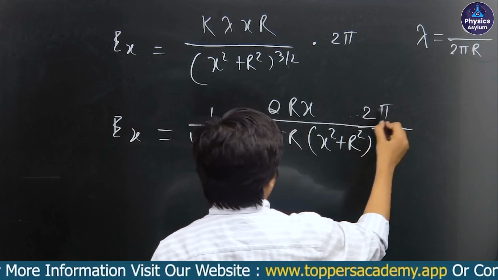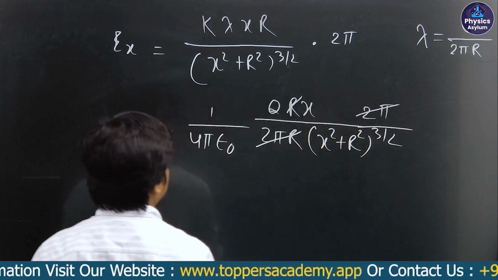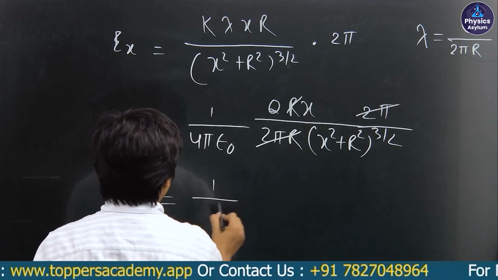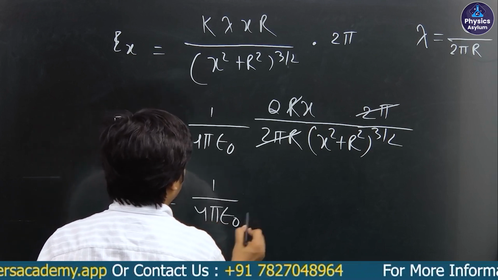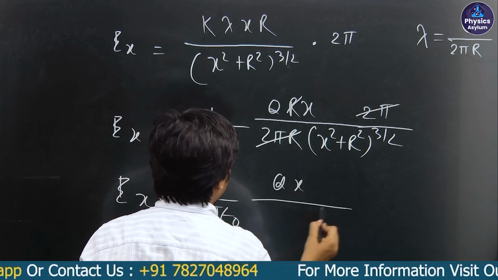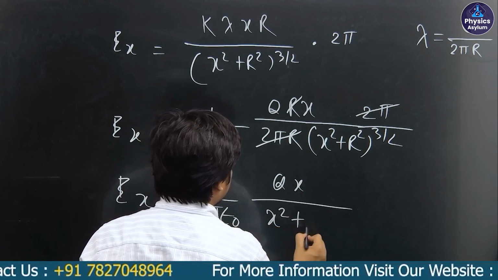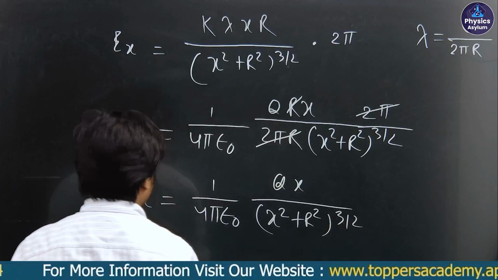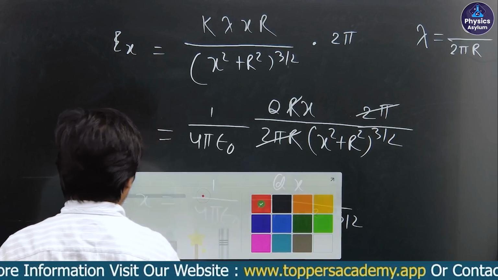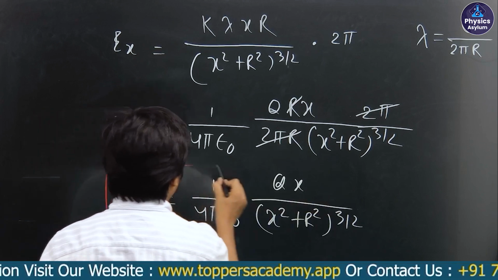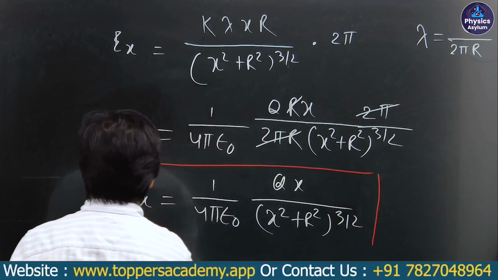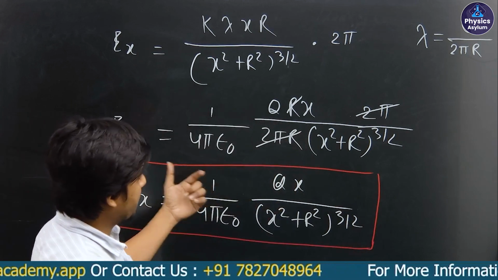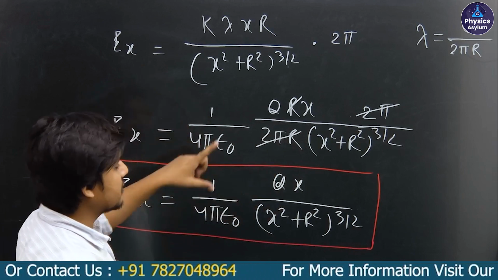Then this 2 pi r is cancelled out, and we are left with 1 over 4 pi epsilon naught Qx divided by x square plus r square raised to the power 3 by 2. This much will be the electric field due to this charged ring having a total charge plus capital Q uniformly distributed over it.